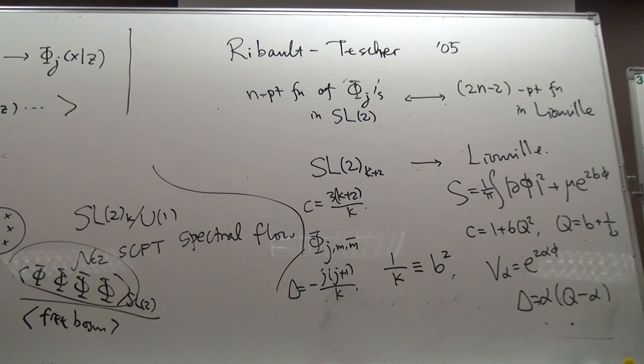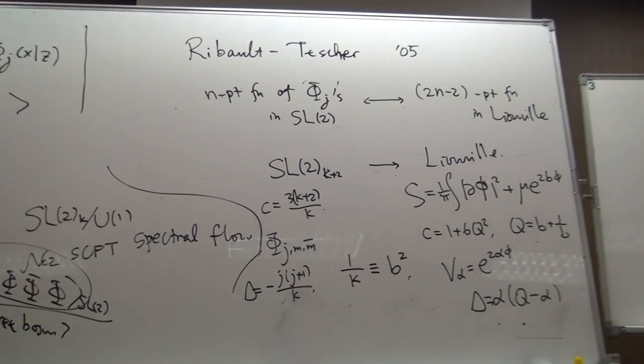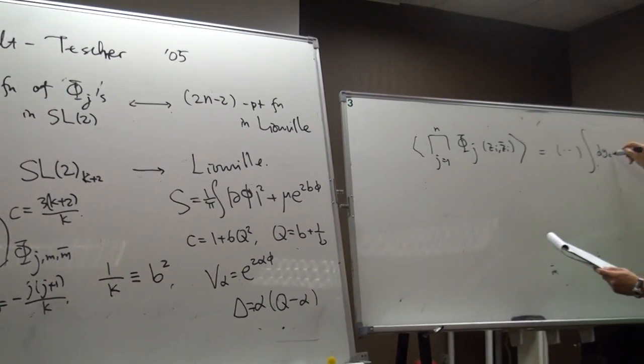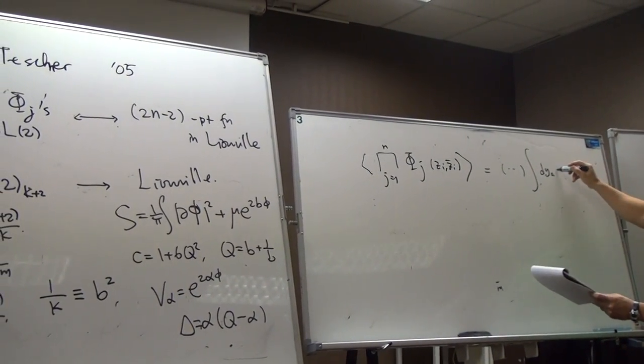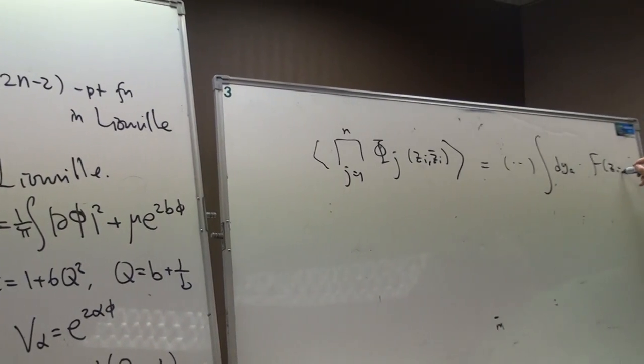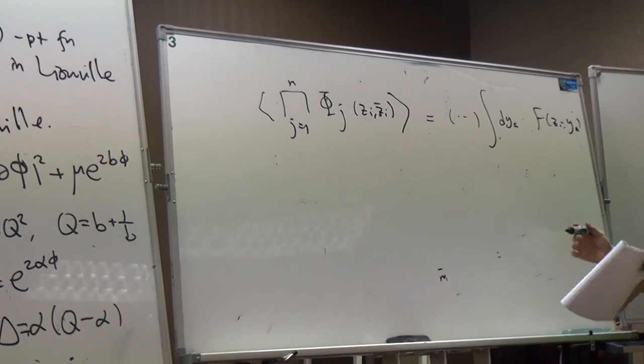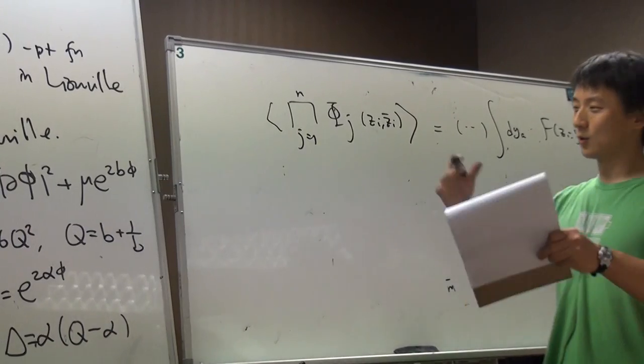The correspondence says that the endpoint function of phi j from 1 to n at some position z_i, z_i bar is going to be expressed in terms of some prefactor that depends on the z's, some integration over some coordinate y_a. There's some function involving the z's and y's, some differences of the coordinates, absolute value to some power.